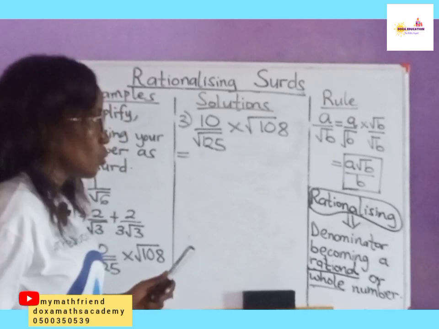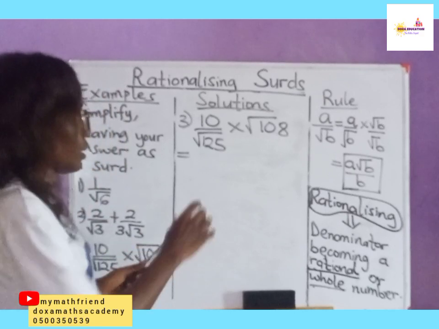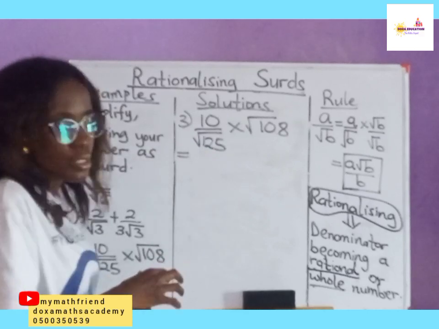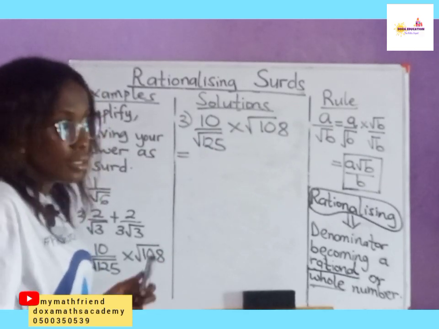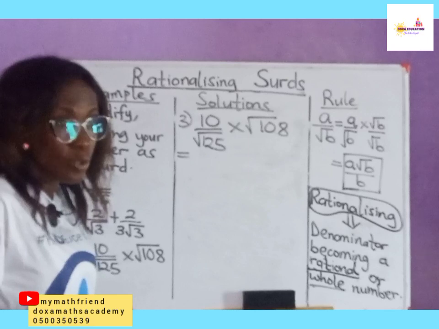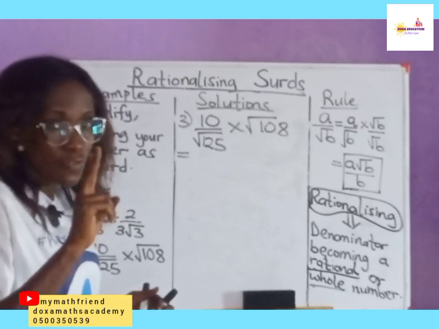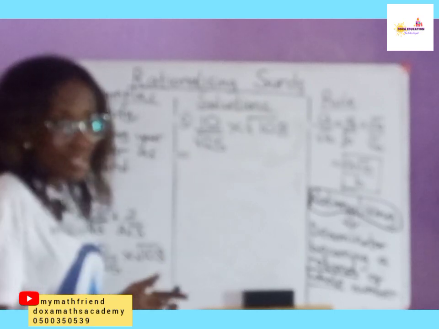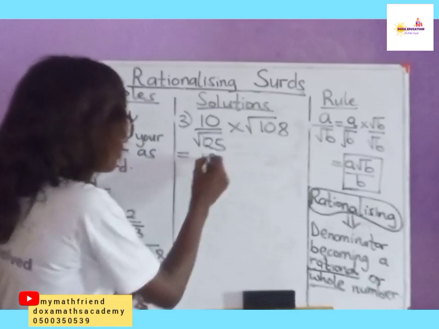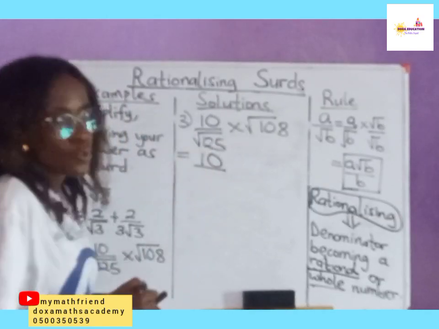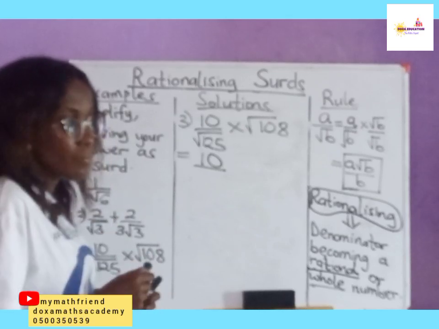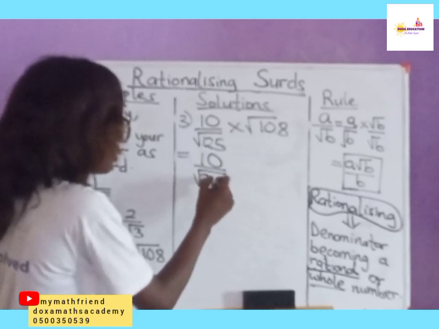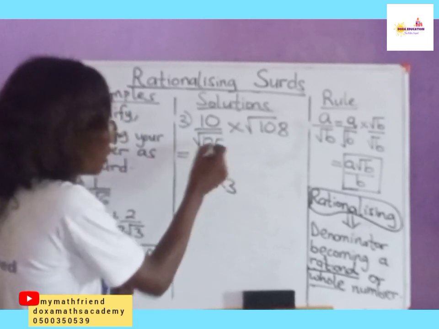So in this case, what you do is that you check the numbers in the roots and see if you can, just like when we're simplifying surds, find two factors of the number in the root. What times what gives 125, where one of them is a perfect square? 25 times 3, replacing the 125.